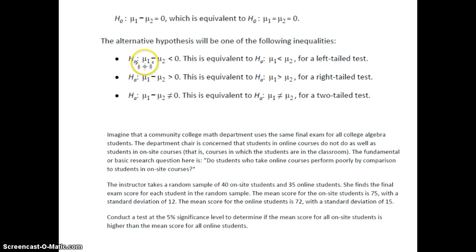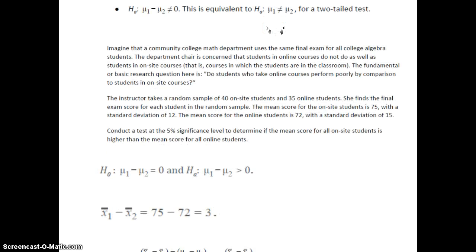You could have the difference of the means less than 0, which can be written like this, or the difference of the means bigger than 0, which can be written like this, or the difference of the means not equal to 0. This is the two-tailed test, which could be written like this. The null hypothesis is always that the means of the two populations are equal.